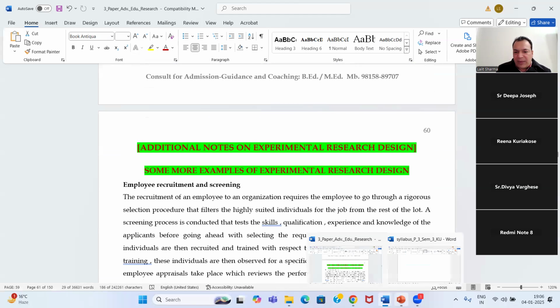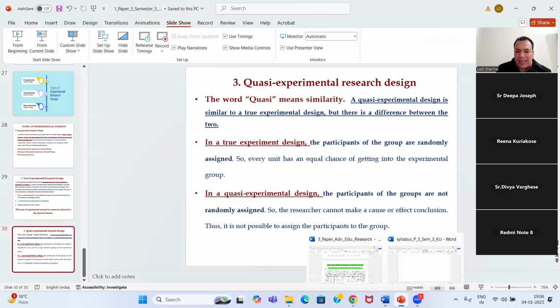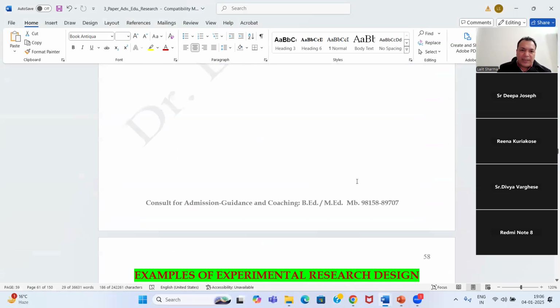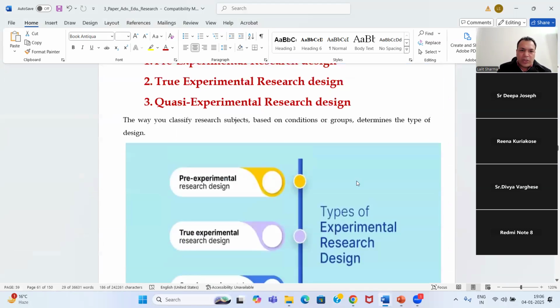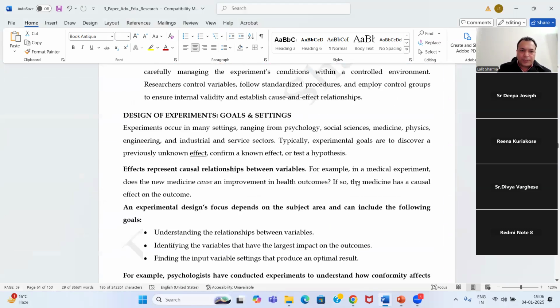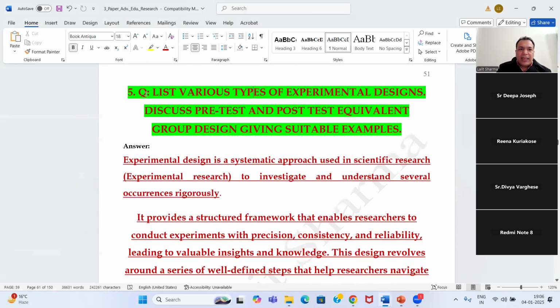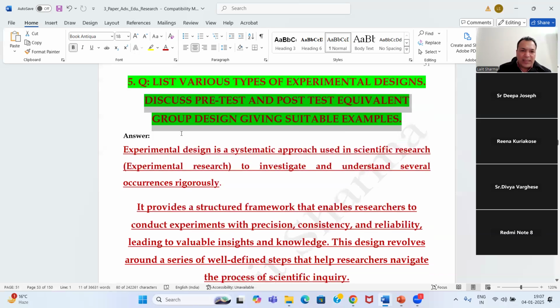So guys, we are done with our designs, experimental design, and types of experimental designs. Okay, so what was the question? The fifth था ना हमारा, ये देखो, list the various types of experimental design, right? Discuss the pre-test and post-test equivalent group design giving suitable example.